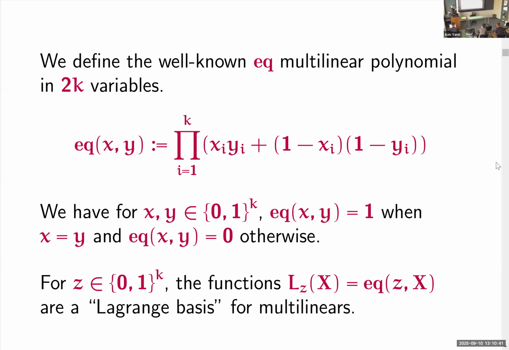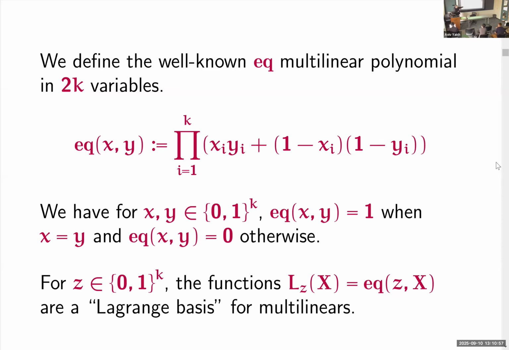And what we'll do a lot, which is a common thing, is we will look at the EQ polynomial when the first k variables are fixed to some Boolean z.